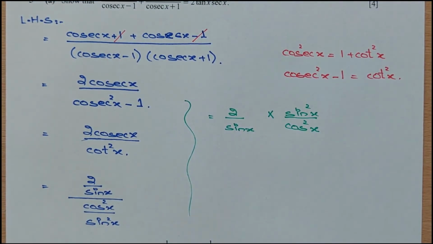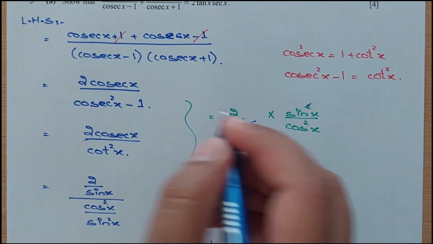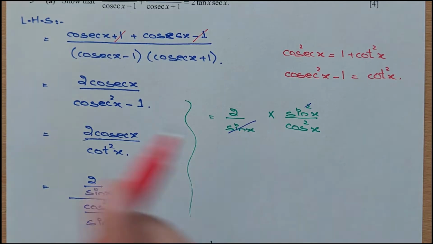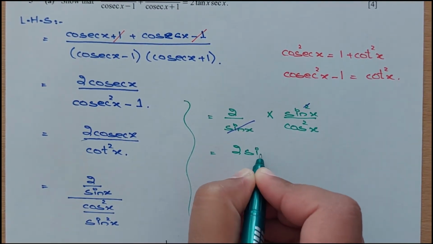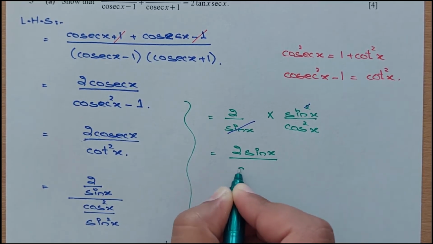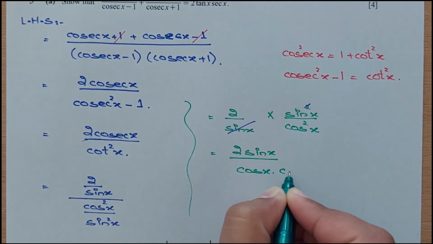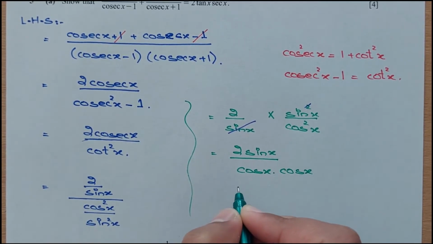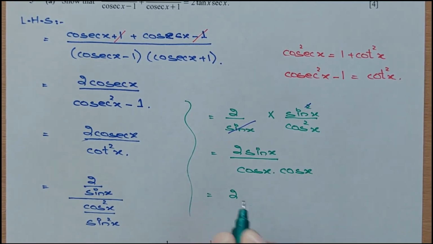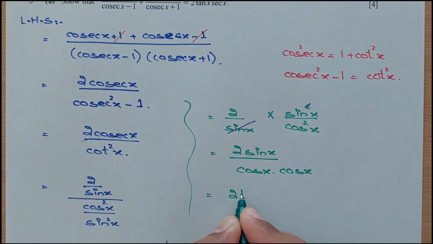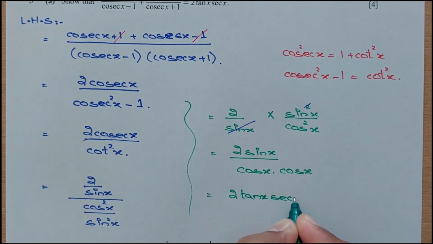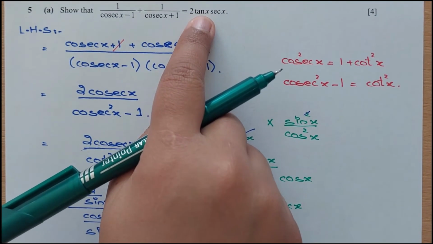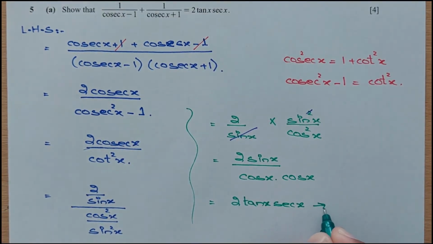Right. So we can cancel this sine square with this sine, and we are left with 2 sine x over cos x into cos x. Right. So here 2 sine over cos is tan x and 1 over cos is secant x. That is exactly the same as our right hand side.